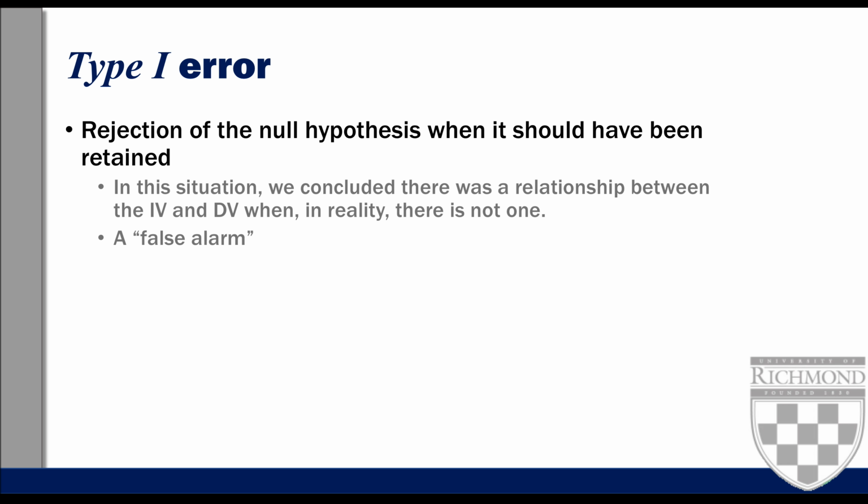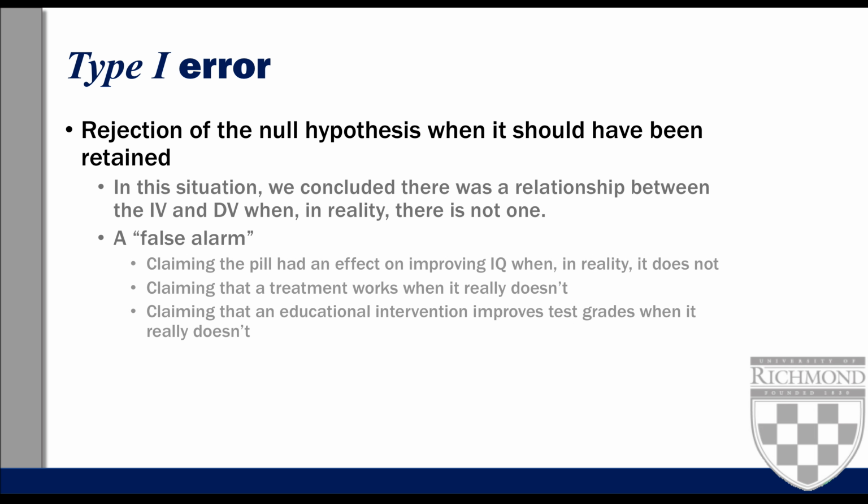So a false alarm basically means that we've claimed a relationship to exist when in fact it really does not. So, as examples, claiming that the pill has an effect on improving IQ when in reality it doesn't. Claiming that a treatment works when in reality it doesn't. Claiming that an educational intervention improves test grades when it really doesn't, right? All of those would be false alarms.